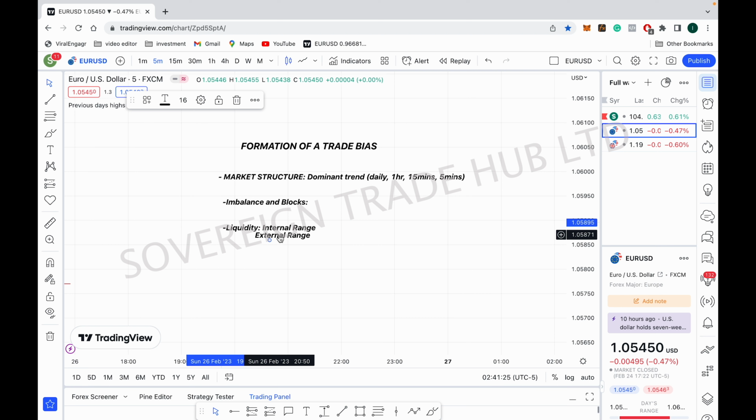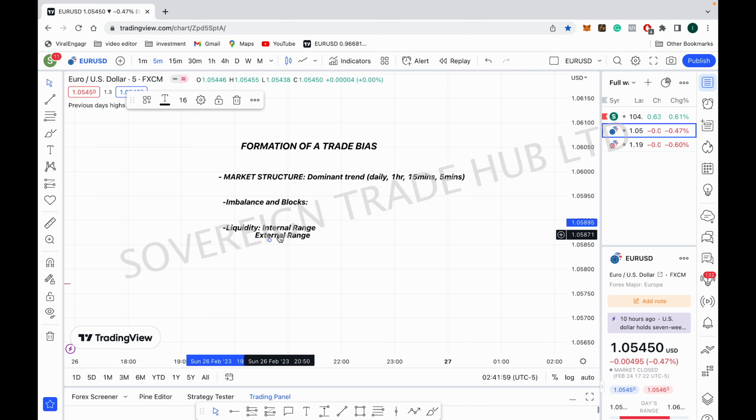In terms of this internal range, I may be exiting my order in an unmitigated order block, or in a higher time frame imbalance level. In terms of external range liquidity, I may exit my trades at previous highs and previous lows, because we'll get enough sellers, buyers, and orders resting on it, so it will be easier to switch our level.